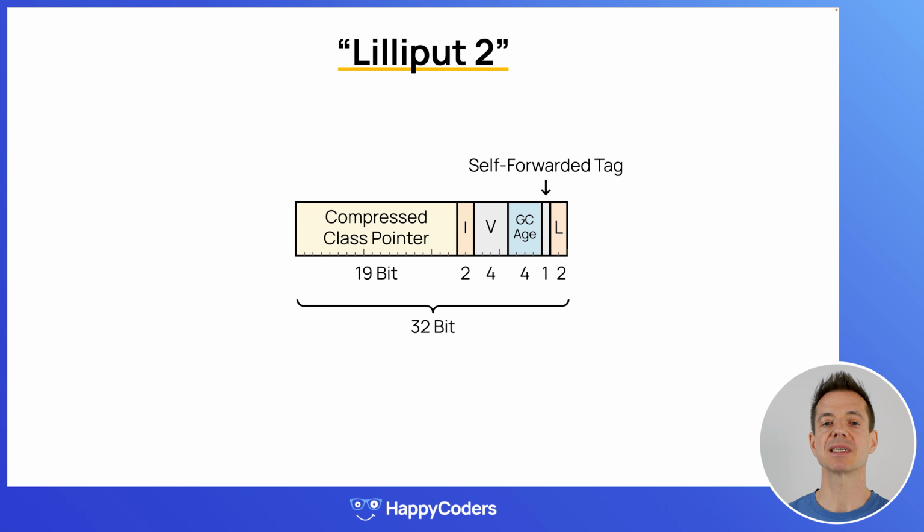Unfortunately, we don't have time today to go into the details, so just very briefly, the class pointer was shortened by another 3 bits, which is still enough for 500,000 classes, and if that isn't enough, the class pointer will be stored elsewhere. And the identity hash code is now only generated on demand and then stored at the end of the object.